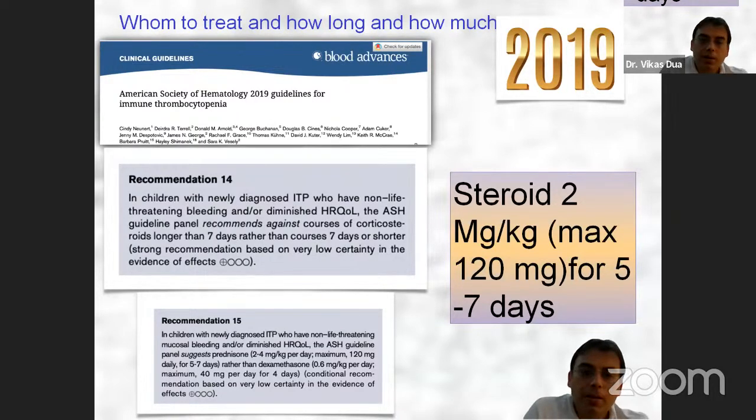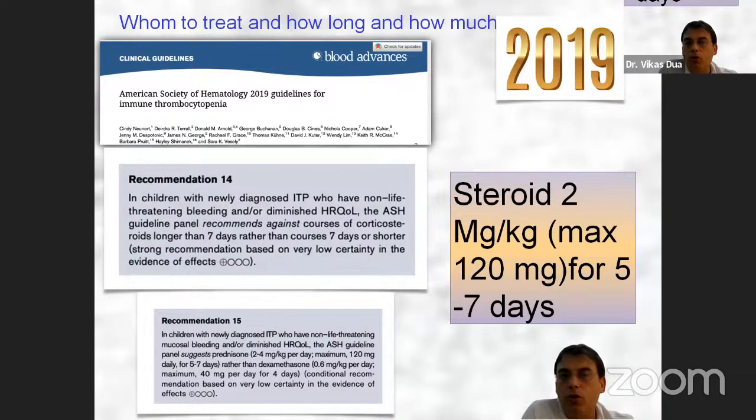So previously, the majority of hematologists used to use 4 milligram per kg for 4 days or 1 to 2 milligram per kg for 2 weeks.